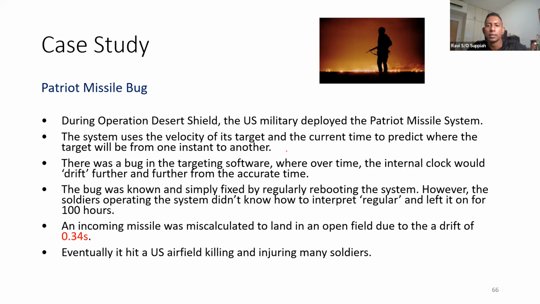So whenever a missile was detected, it will predict where it will land, to decide whether you should take any action or ignore the missile. Of course, there was a bug in the system where the internal clock would drift over time.